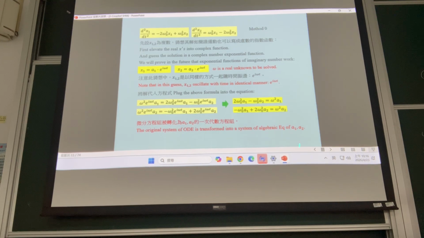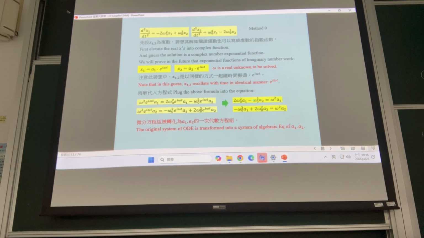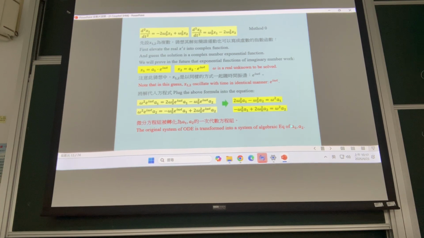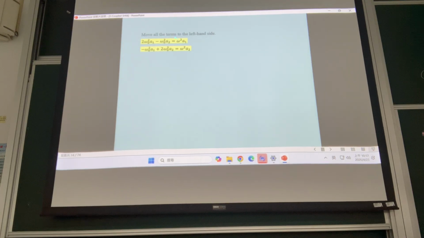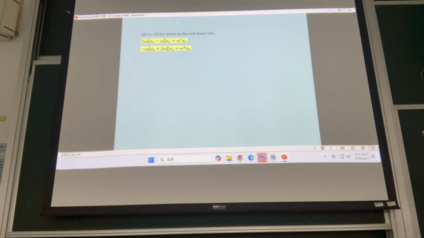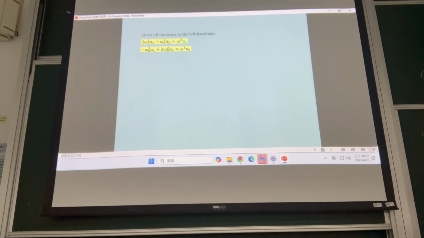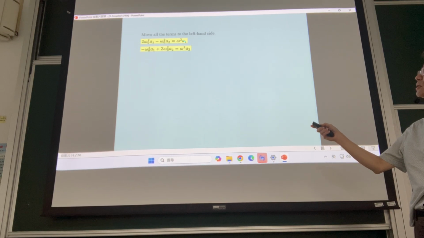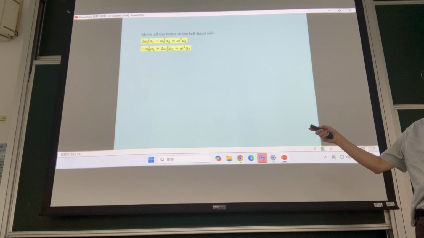Now, we have two ODEs. We have two algebraic equations, or we call it a system of algebraic equations of A1 and A2. Let me list it here. Usually, again, we like to move all the terms to the left-hand side because the right-hand side consists of A1, and there is an A1 on the left-hand side.